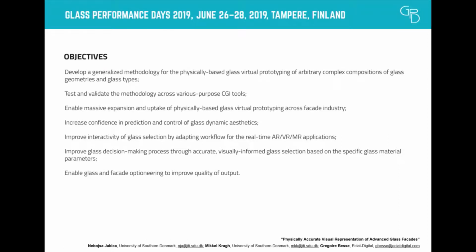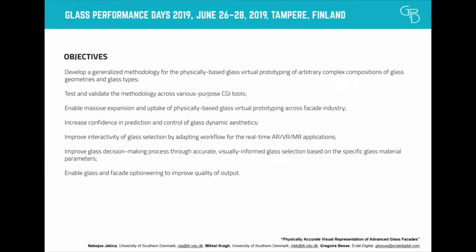Generally, the objectives are to develop the methodology for this physical-based glass virtual prototyping, then to test and validate the methodology across the various purpose CIG tools, then to enable massive expansion and uptake of this physically based process, and then to improve the interactivity and the glass selection by adopting this workflow, and to enable glass and facade optioneering to improve the glass selection.